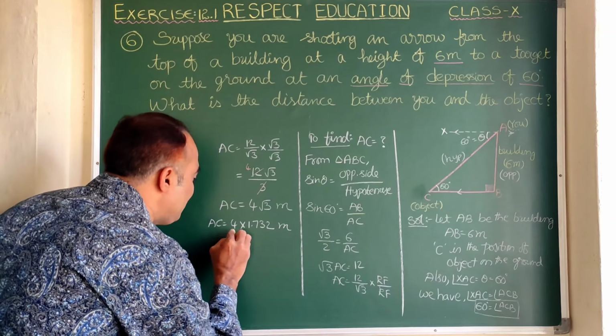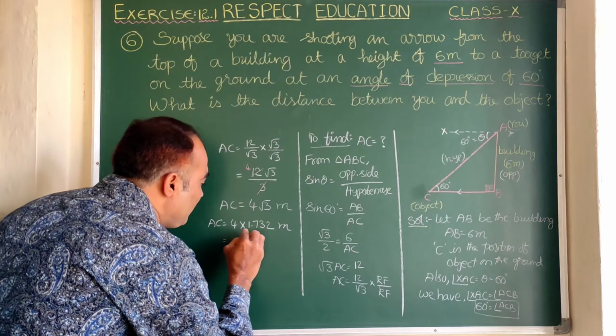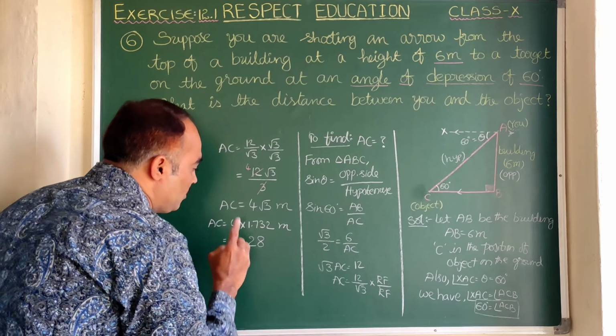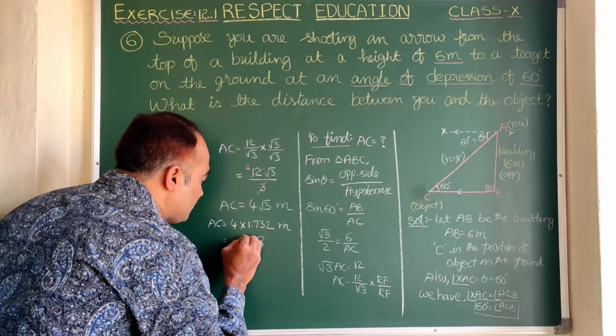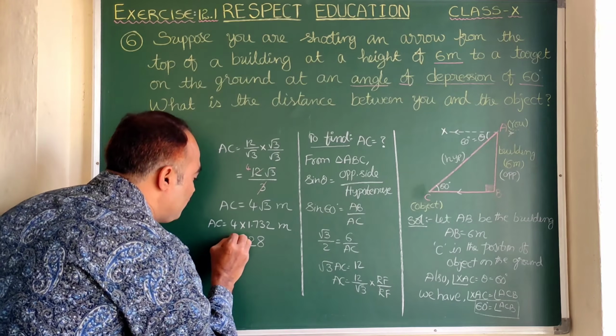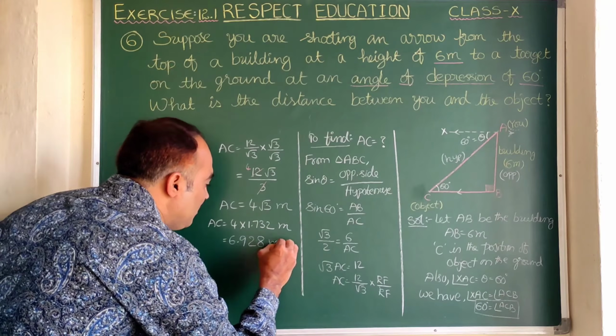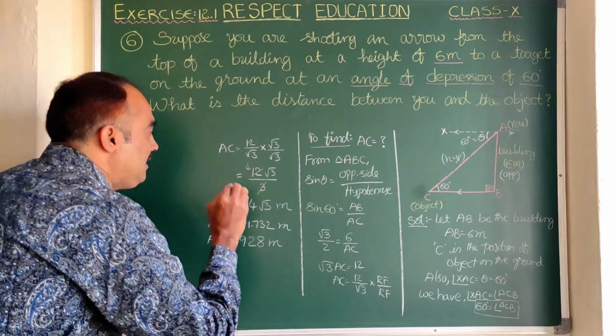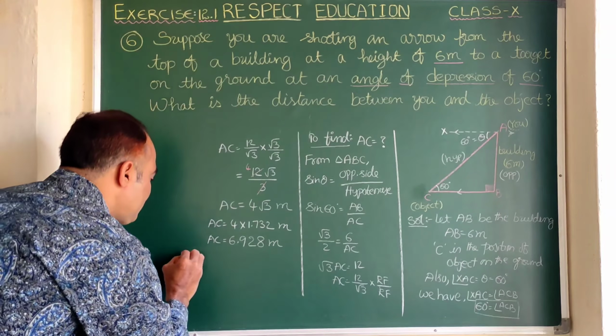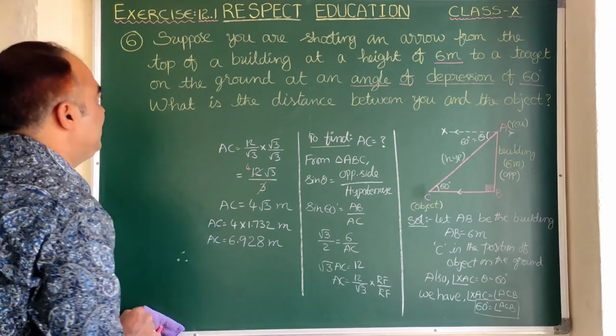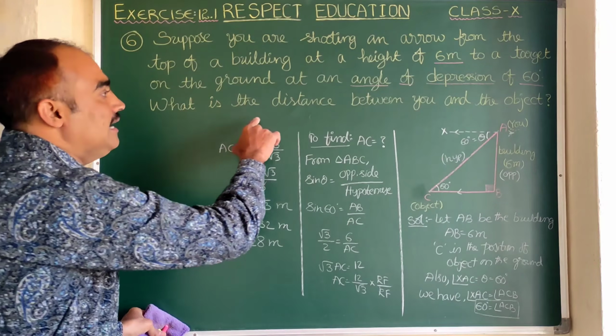So on multiplication, 4 twos are 8, 4 threes are 12, so 1 is there, 4 sevens are 28 plus 1 is 29, 4 ones are 4 plus 2 is 6. So it is 6.928 meters.